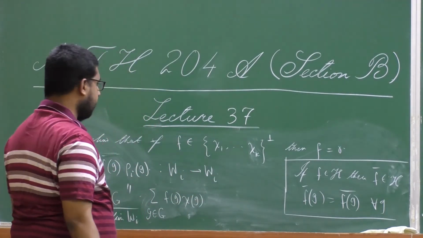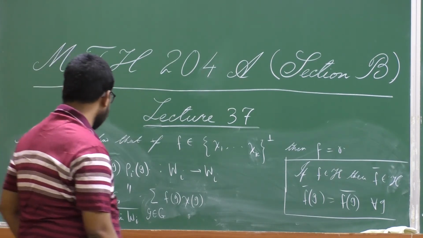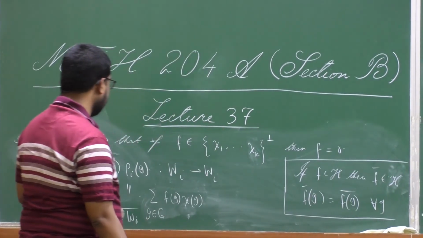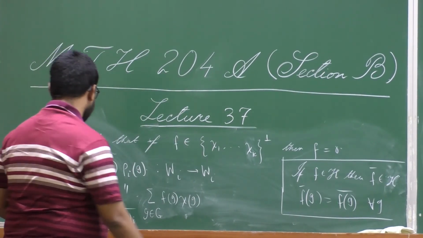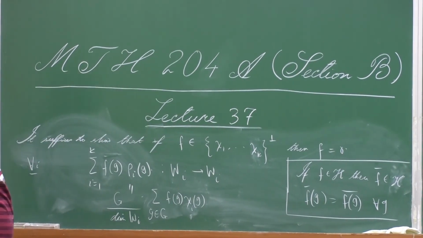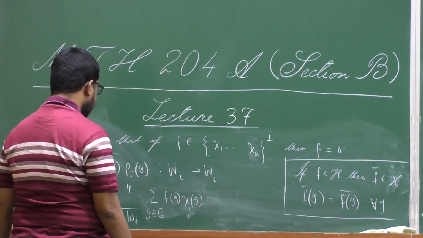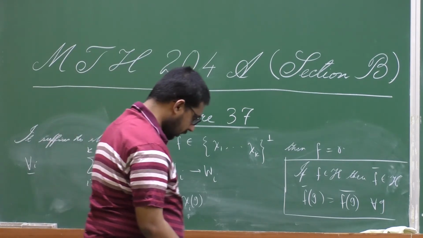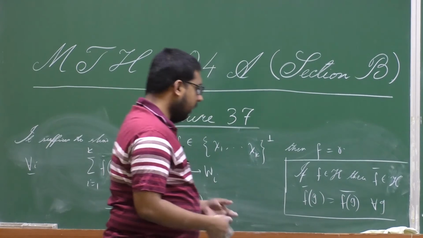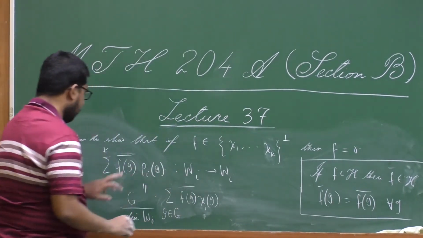But now what we actually need, according to our assumption, is that F is orthogonal to all chi i's. So let me put the bar here. We start with F bar instead.